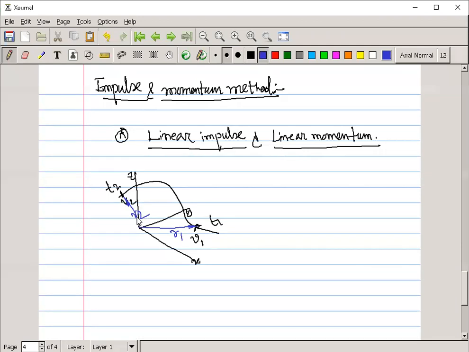Okay, now see, general curvilinear motion in space of a particle of mass m.